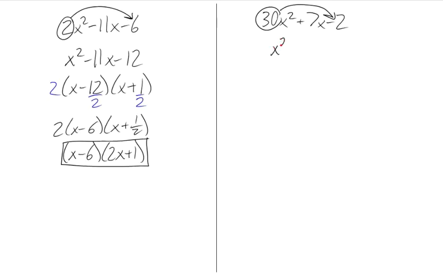Next one, let's do 30 over here times negative 2. I get x squared plus 7x minus 60. Now, multiplies to negative 60 and adds to positive 7. How about x plus 12 and x minus 5? Alright, so do the same thing. The original number was 30, so we got a bit of work to do with this one.